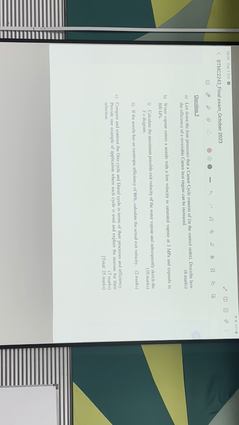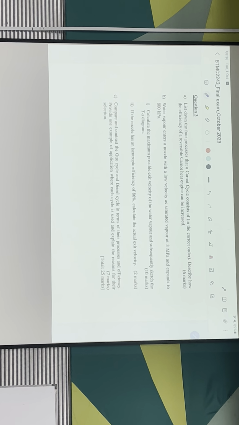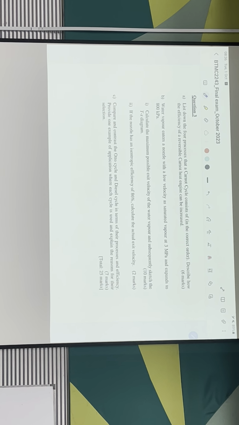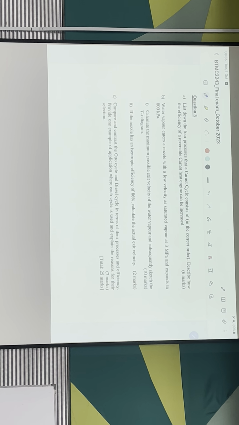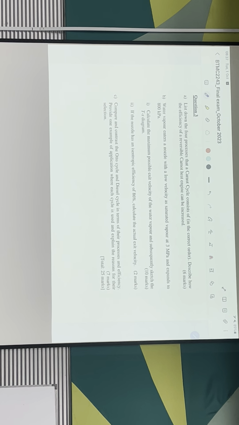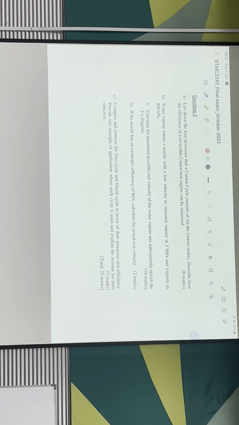Describe how the efficiency of a reversible Carnot heat engine can be increased. So the second part of this, what do you think is the answer that I'm looking for? How do you increase the efficiency of a reversible Carnot heat engine?